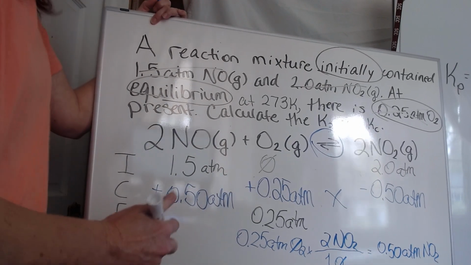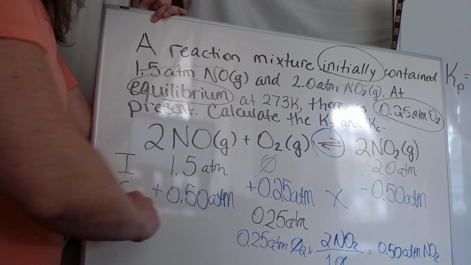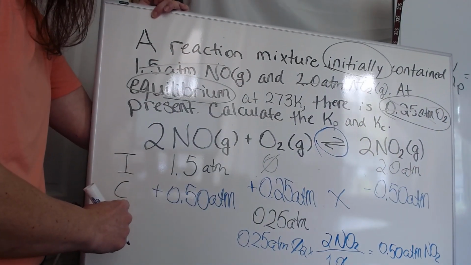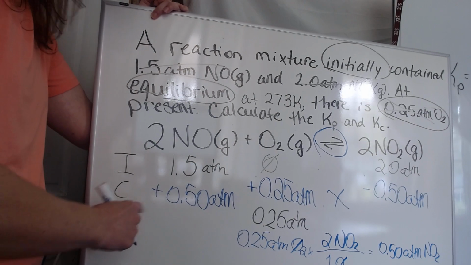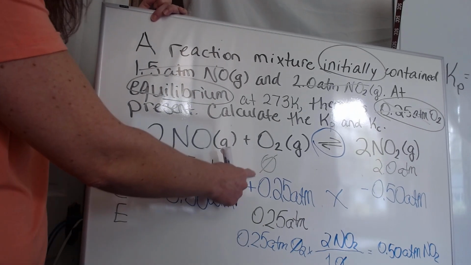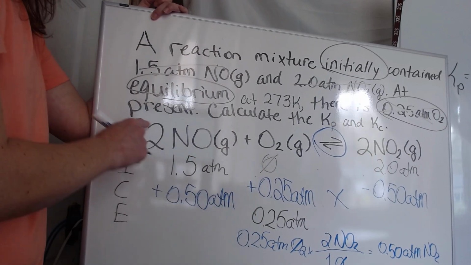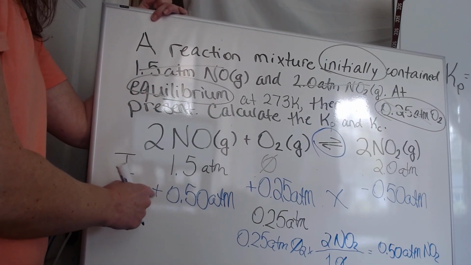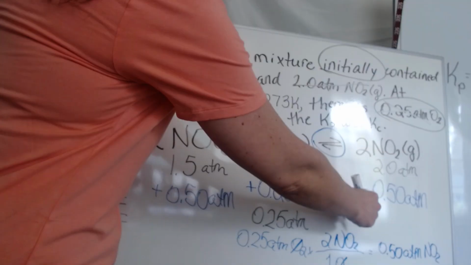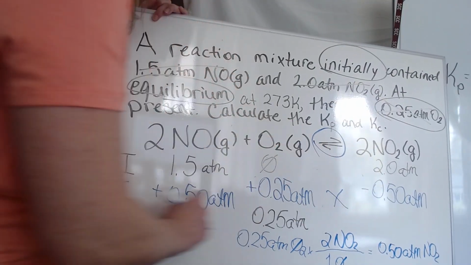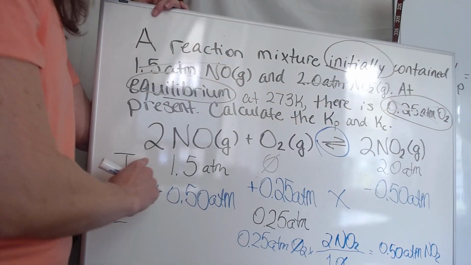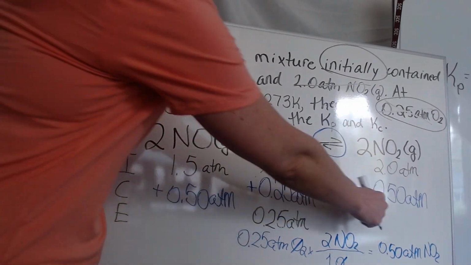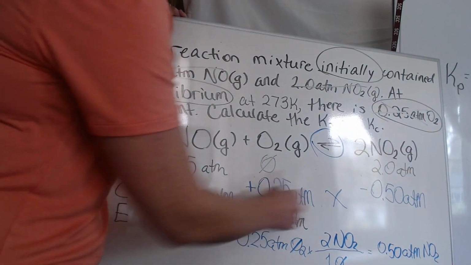atmospheres of NO. So in this change row, all of the quantities will be a mole-to-mole ratio. 0.5 to 0.25, that's a 2-to-1 ratio, the coefficients. 0.5 is created, 0.5 reacts. They're the same quantity because it's a 2-to-2 ratio. Or right here, 0.25 to 0.5, this is a 1-to-2 ratio.